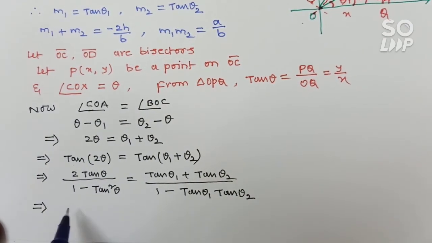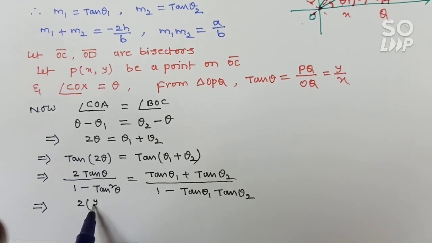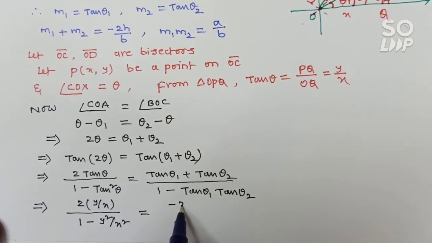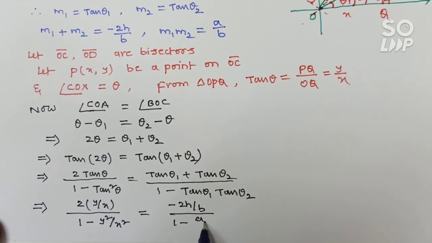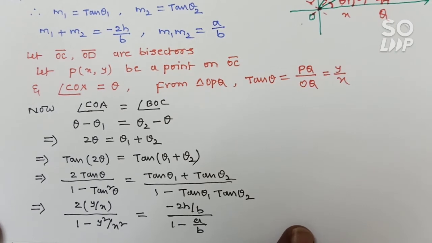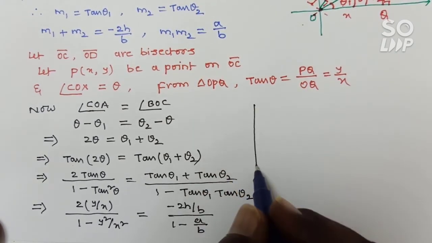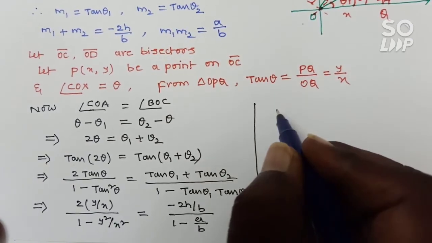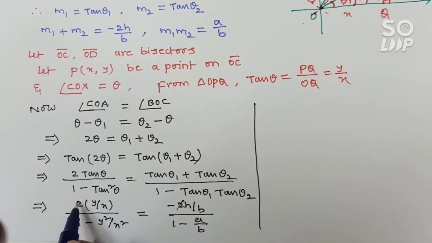Now you substitute in this: 2 into y by x divided by 1 minus y square by x square is equal to minus 2h by b divided by 1 minus a by b. Now you take the LCM. What is the LCM? In the denominator on the left hand side, x square is the LCM. In the numerator, 1 x and denominator x will be cancelled. Here 2 and 2 will be cancelled.